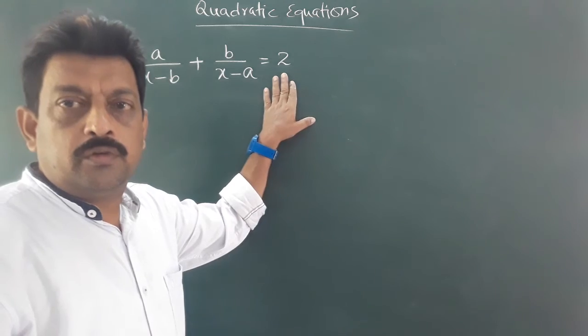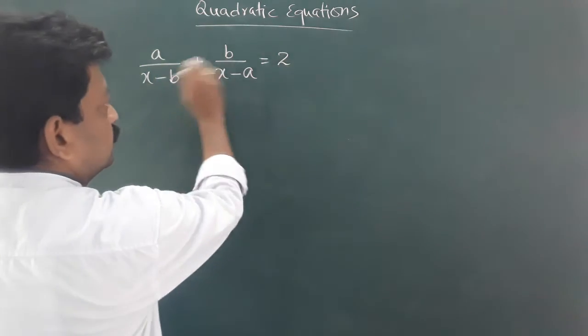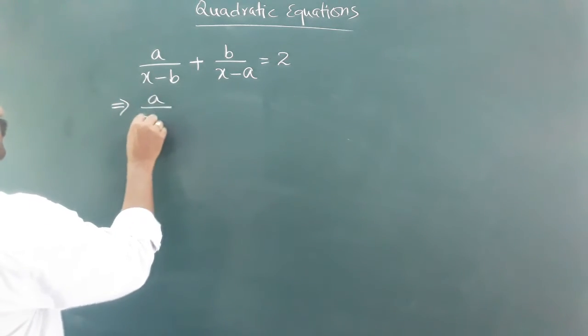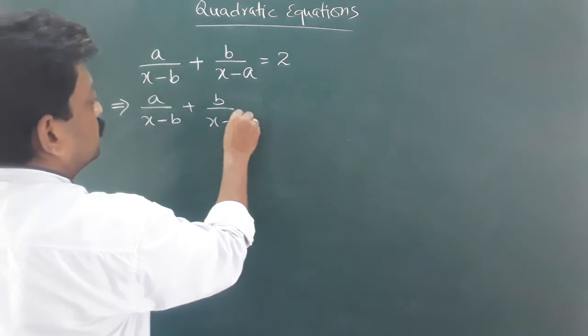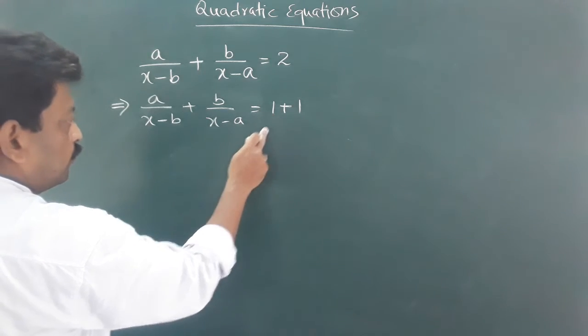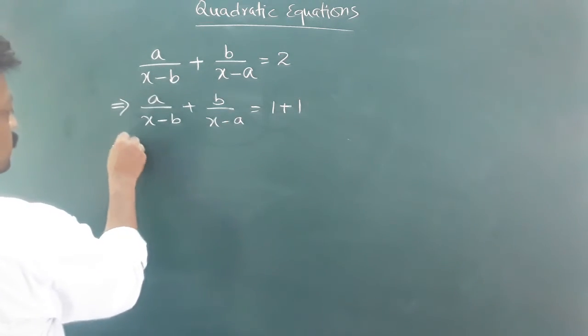Split the 2 into 1 plus 1 and bring those 1s to the left hand side. So a upon x minus b plus b upon x minus a equals 1 plus 1. Now I am taking 1 here as well as here, both the sides.